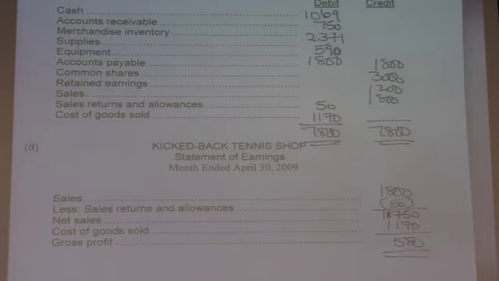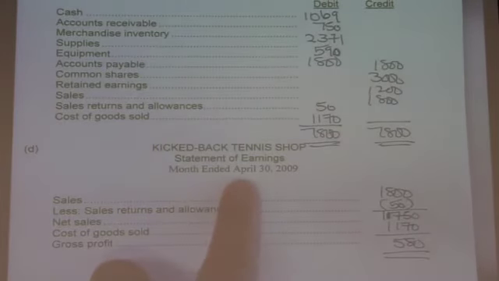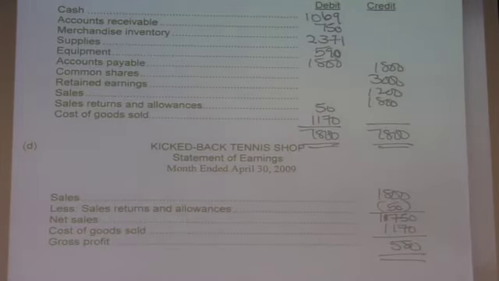And in this case, because an income statement is a period of time statement, it goes from April 1st to April 30th, you need to say for the month ended April 30th, 2009. If you just put April 30th, 2009 there, it means it's a point in time statement. It's telling the reader it's the statement at a point in time on that day.